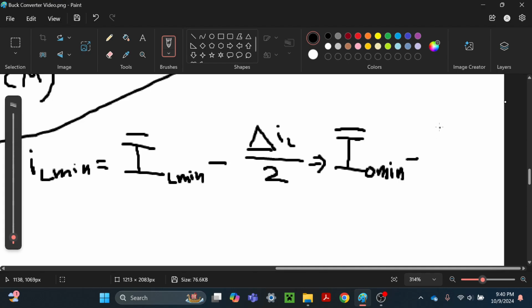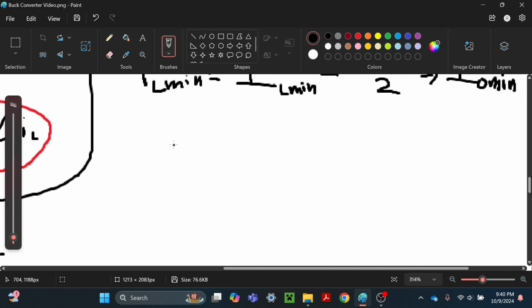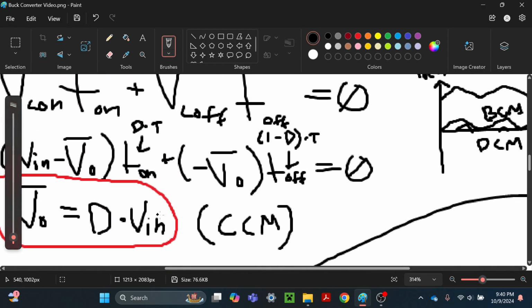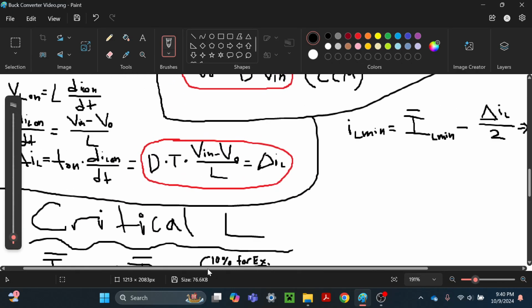So we can rewrite this as IL min equals I out min average minus delta IL over 2. So we need to further substitute the equation we have for delta IL.